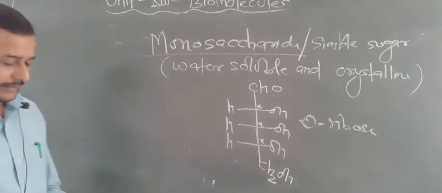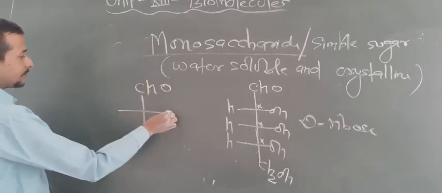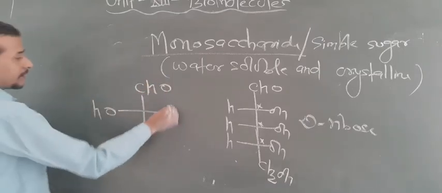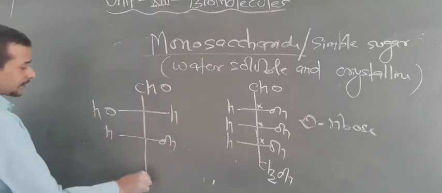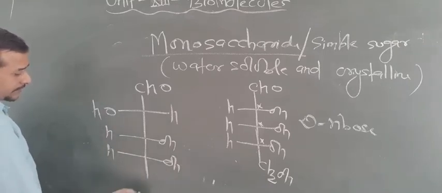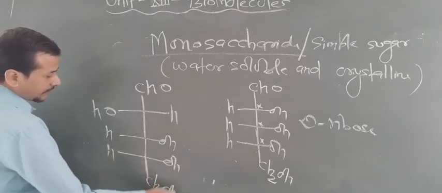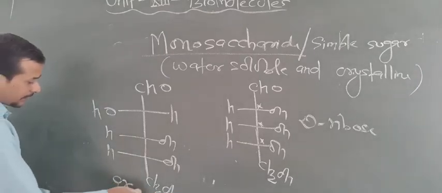One more monosaccharide, arabinose. Look here, CHO, OH of the second carbon is on the left side, and OH of the next carbon is on the right side. So this is also known as D form, and this is known as arabinose.